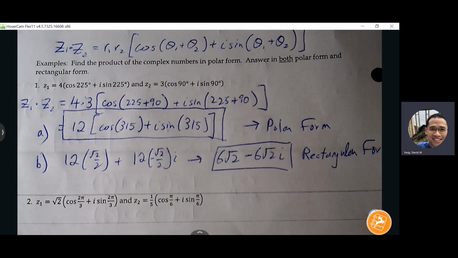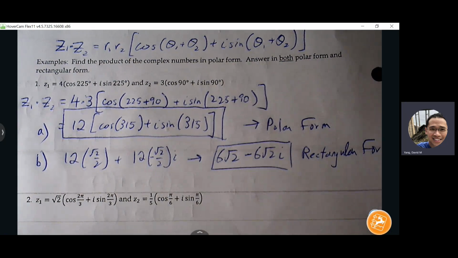Okay, so let's go ahead and try number 2. You guys have the formula. I'll just work alongside you as you try number 2 as well.